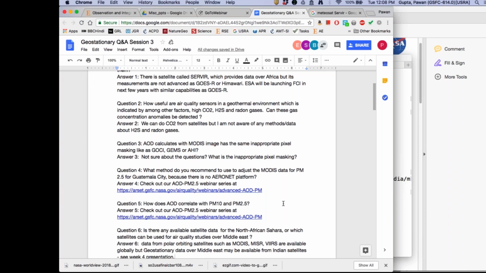But I'm not aware of any other data or methods which can do the other gases like radon. Hopefully in future, once we have more hyperspectral instruments flown in geostationary orbit like TEMPO or GEMS we talked about, they might open some opportunities to look at other gases.